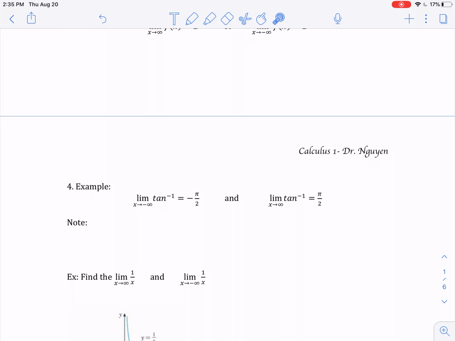Or if x approaches positive infinity, the limit is going to be pi over 2. So if you remember the graph of the arctangent function, then you will understand the horizontal asymptote. This is the graph.